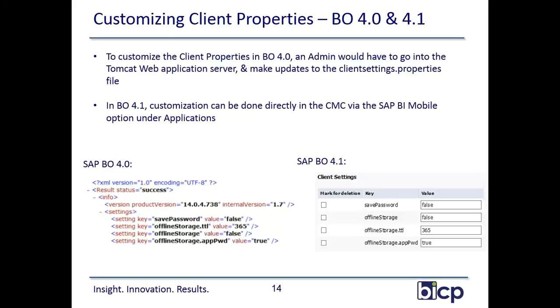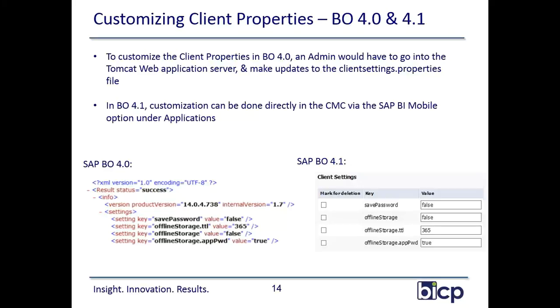Now, as far as where you can make these customizations: in 4.0, you have to go into the configuration files on the Tomcat. On the bottom left-hand side of my screen, I have a direct screenshot of what the configuration files look like.